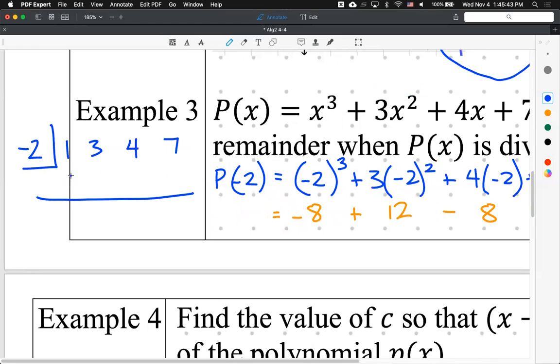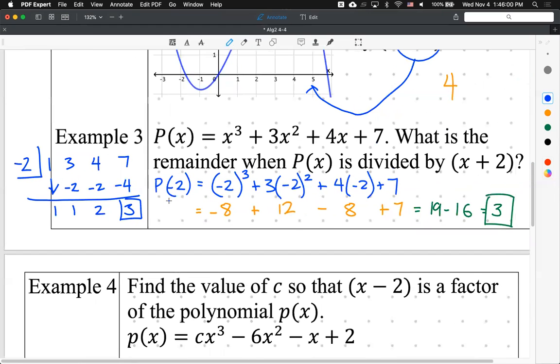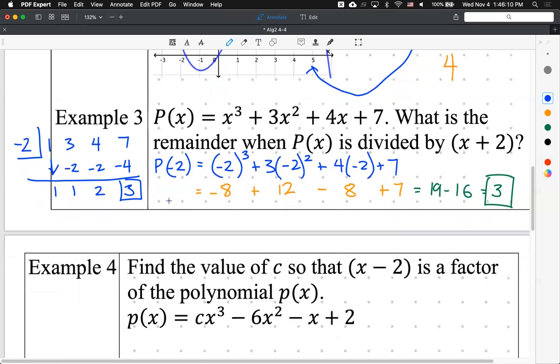Draw the line underneath. 1 comes straight down, that's 1, times -2 is -2, add straight down, you get 1, times -2 is -2, add straight down, I get 2, times -2 is -4, add straight down, 3. Pretty cool. Again, you should know how to do synthetic division, but if you want to write it down for the notes, you can. Let's move on to example number 4.